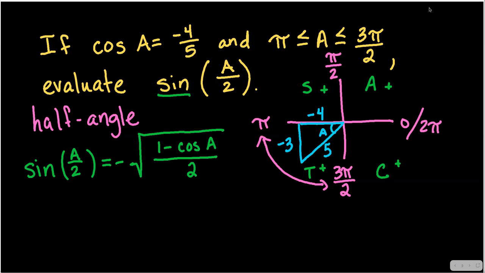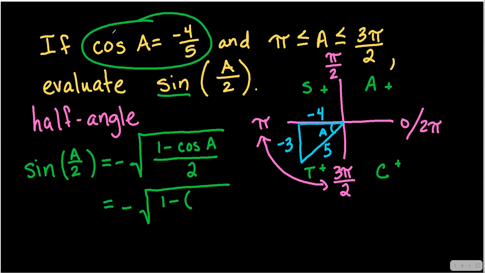Okay, so let's plug in what we know. I now have a negative square root of 1 minus cosine A, which they gave to us right here, so -4/5, and this is all divided by 2.